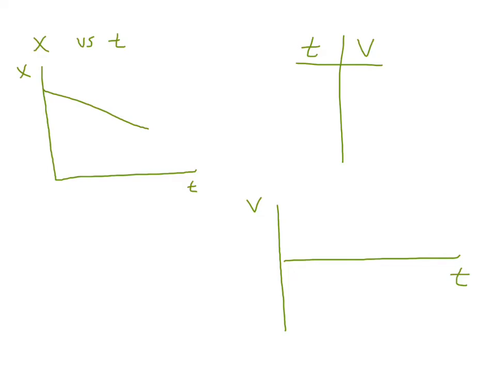So for the situation that we have here with the x versus t graph that we're using, this isn't really difficult. What we know is that the slope of an x versus t graph is the velocity, and that's really important. It's also important to note that the y-intercept is the initial position.